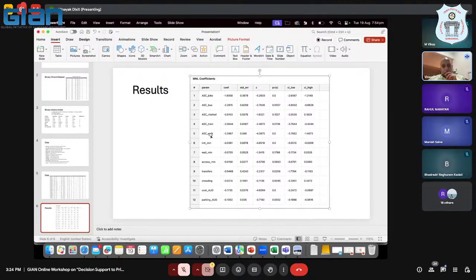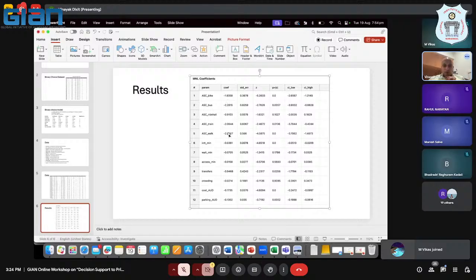The attribute specific constant for car is taken to be zero. What it is basically saying is, compared to a car, people prefer not to take a bike, right? Because it's negative compared to a car. People are less likely to take a bus.